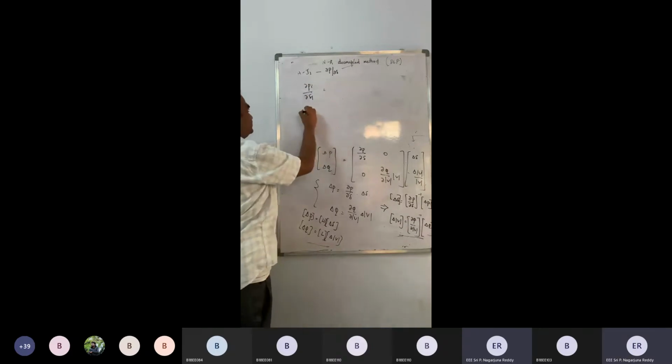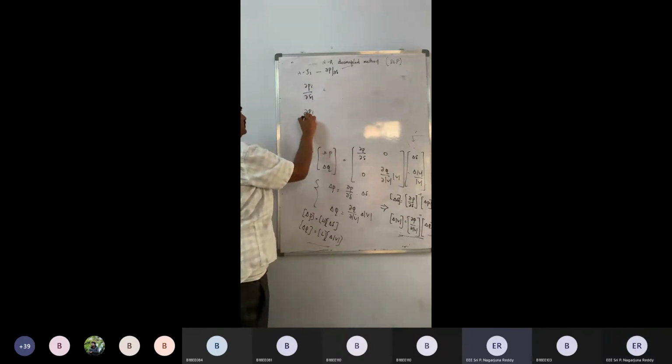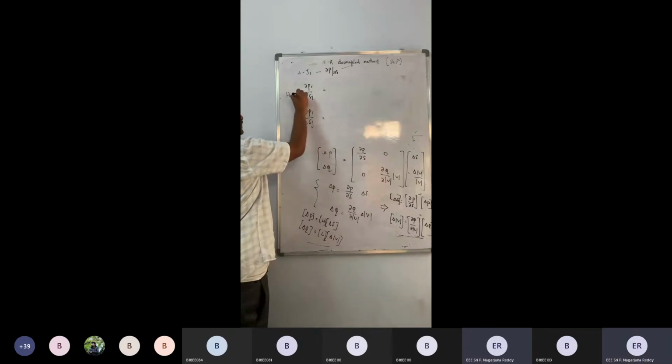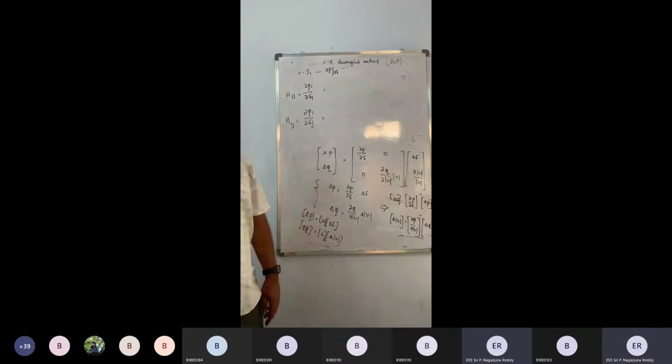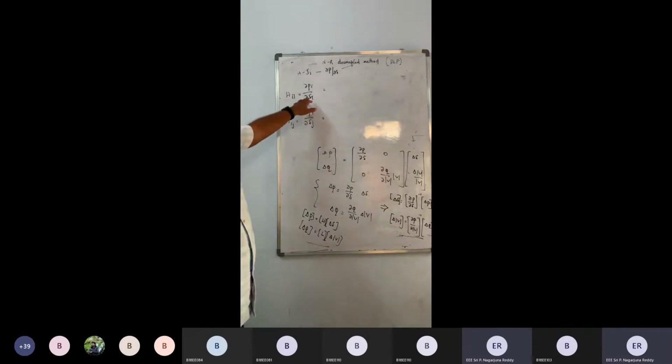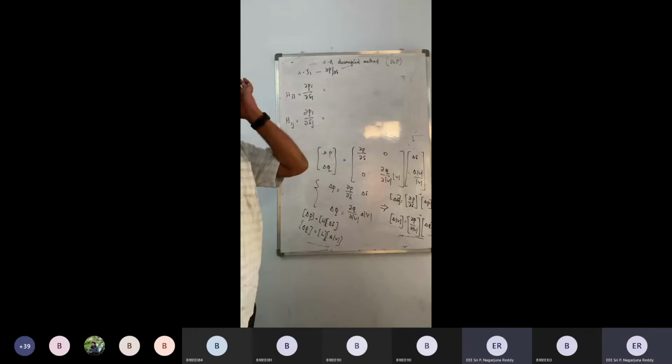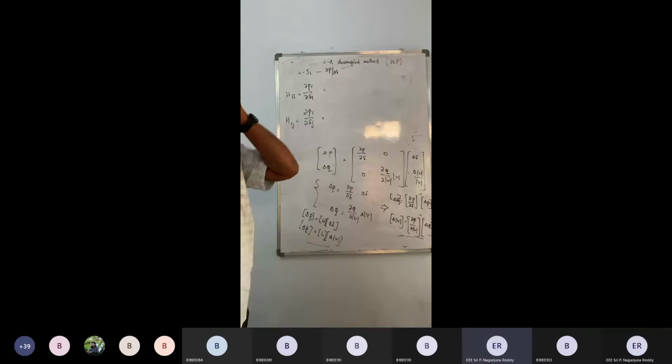The other one is HII, and this is also part of the H matrix. I'll represent it as Hij. Can anybody remember what the equations for these two are, which we derived in our Newton-Raphson polar method?